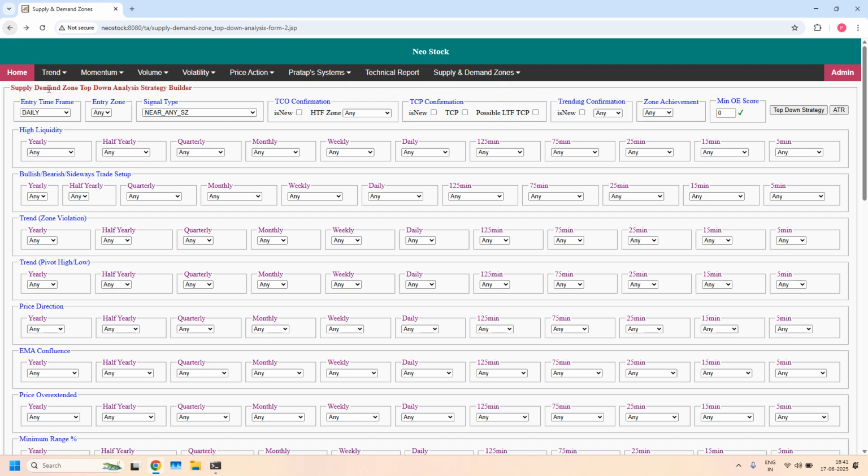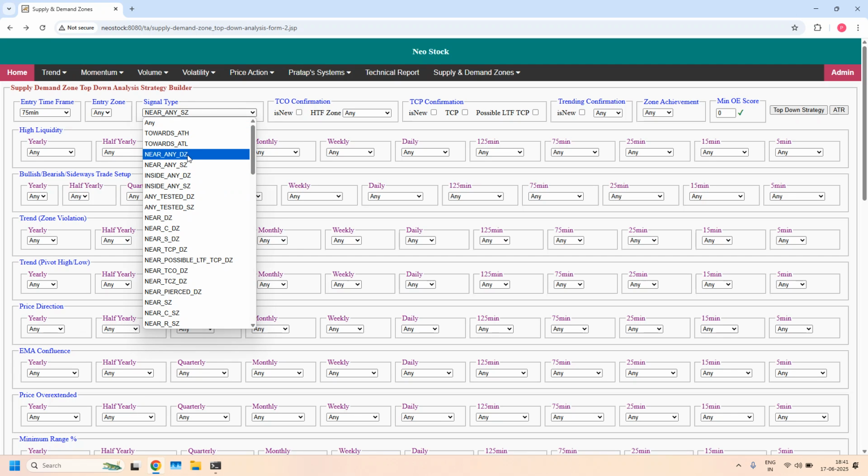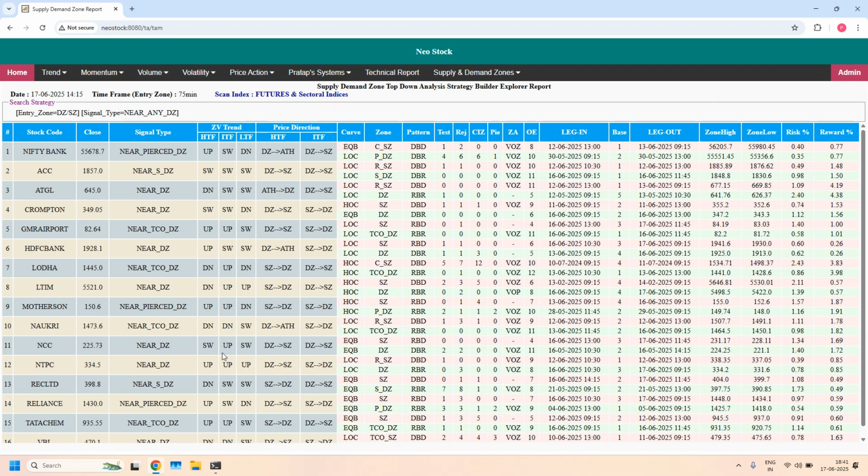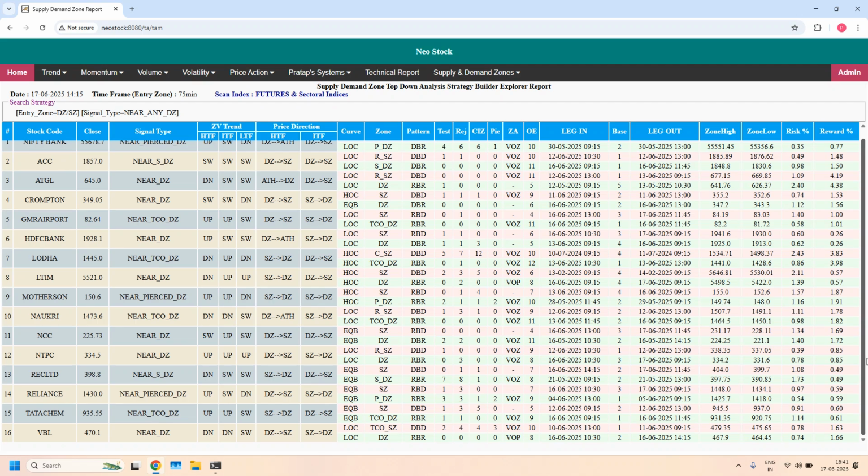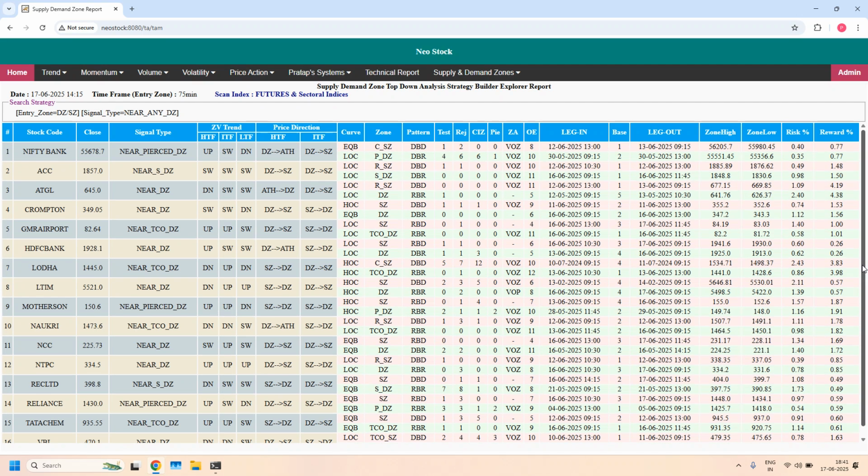Next time frame is 75 minutes. Stocks near to the 75 minutes demand zone, again we got 16 stocks. Okay, let us identify 75 minutes high liquidity demand zones from this list. ACC is having a 75 minutes high liquidity demand zone.